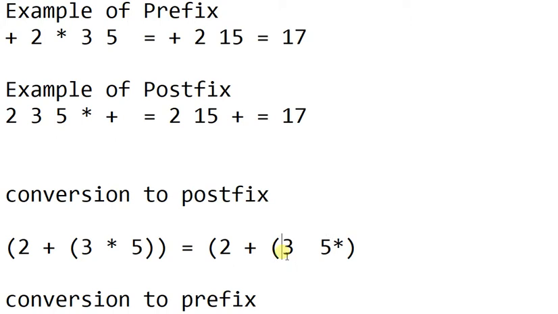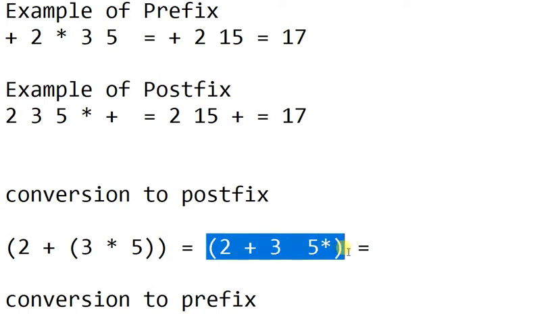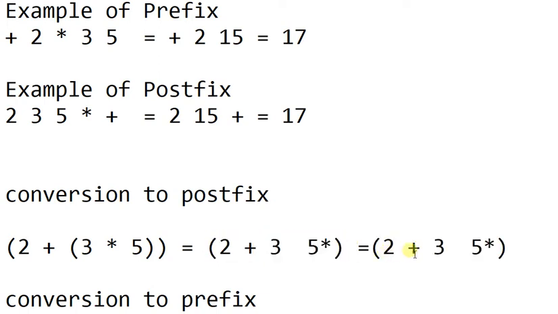Next you can assume that again we have two objects, this is one and this is the second object, and we have to apply this operator on these two operands. So again, when we remove the brackets, we move this operator outside the brackets and write it on the right side. So here we will cut it from here and write it at this place, and we will remove the bracket. So this is the postfix notation.